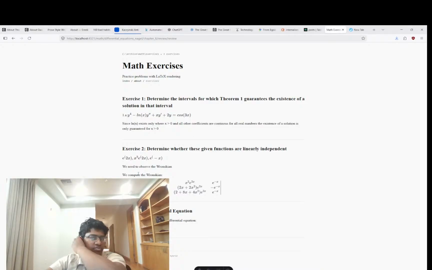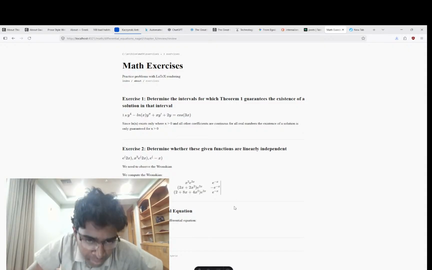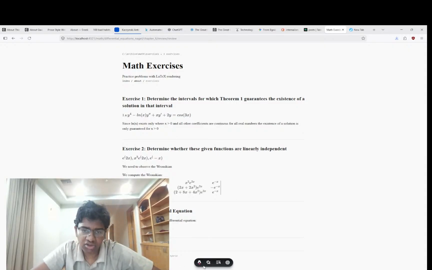Just looking at the expressions, they are probably linearly independent because you can't think of a constant c such that you can multiply one of these to get the others. So let's just say the Wronskian is not equal to zero.